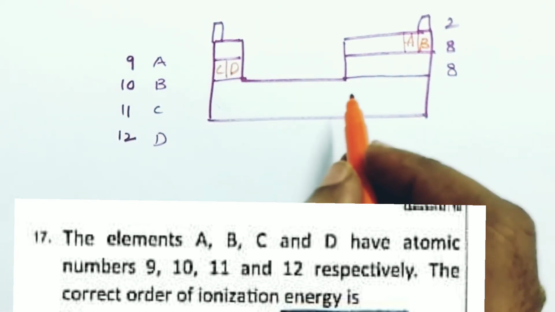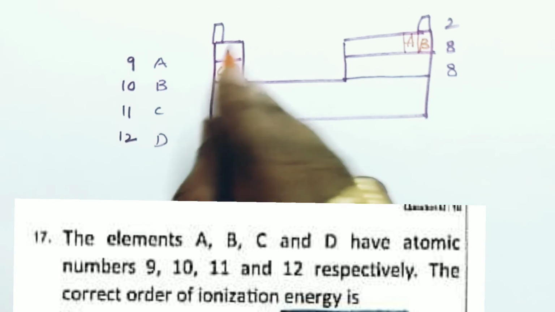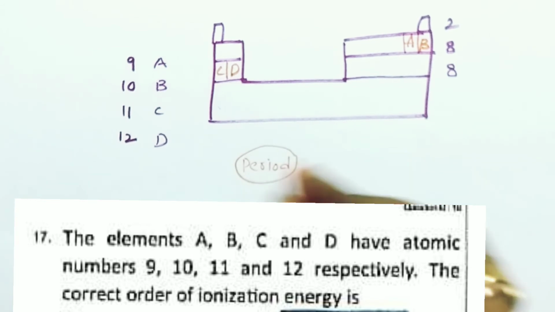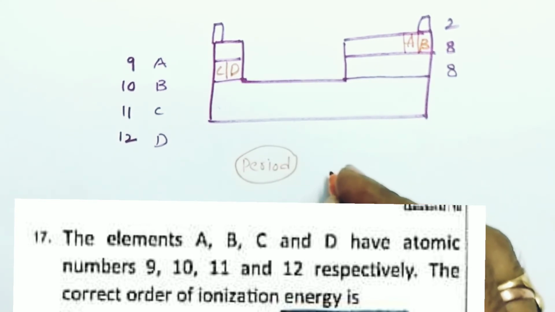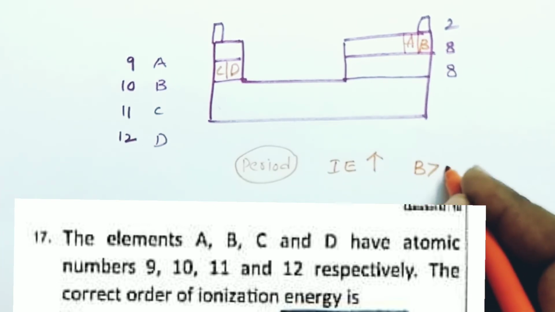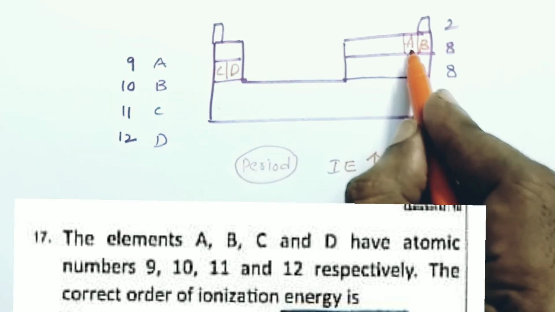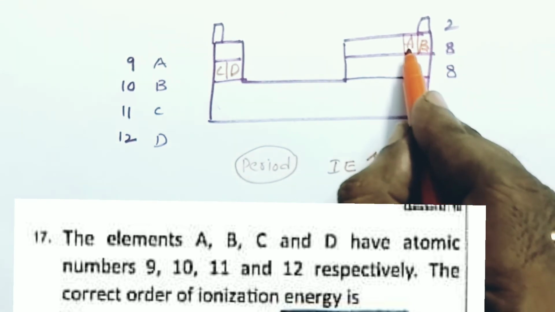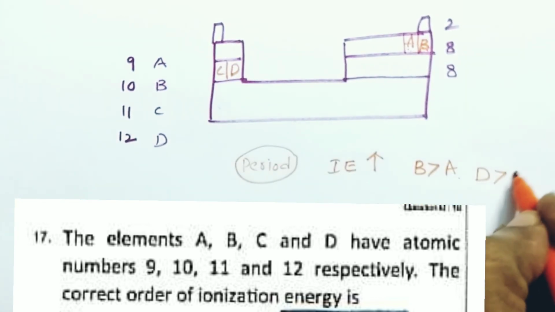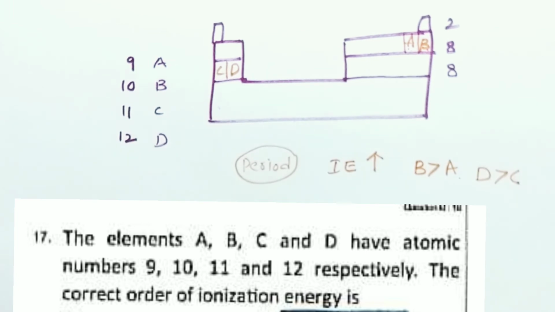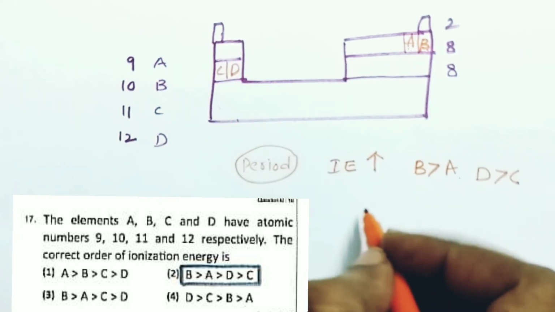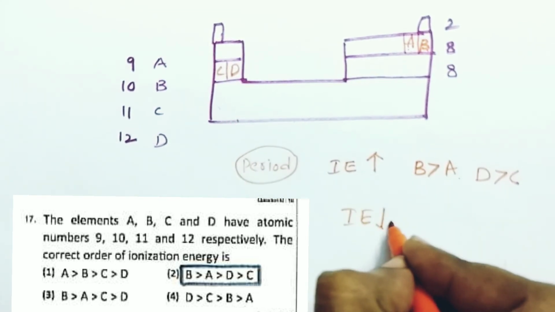So we can also observe that when we are moving from left to right in a period, ionization energy increases. So B is greater than A, that means the ionization energy of B is more when compared to A, and D is greater than C. Also in a group, when we are moving from top to bottom, ionization energy decreases.